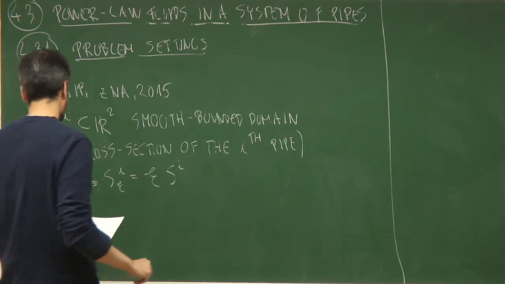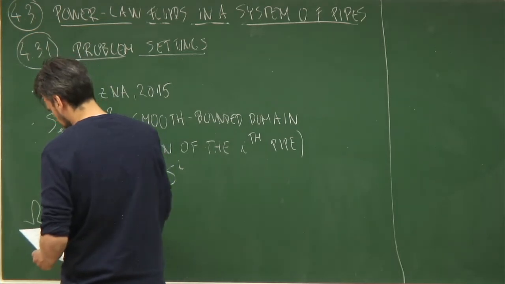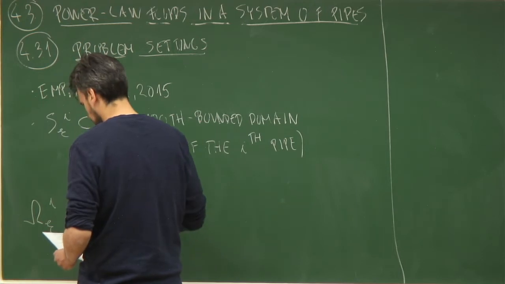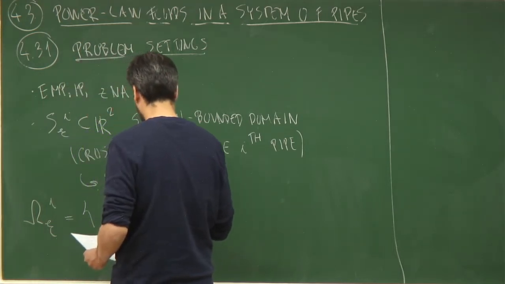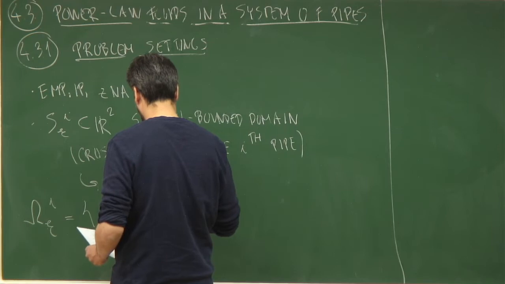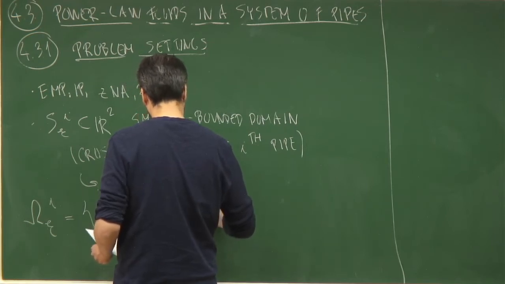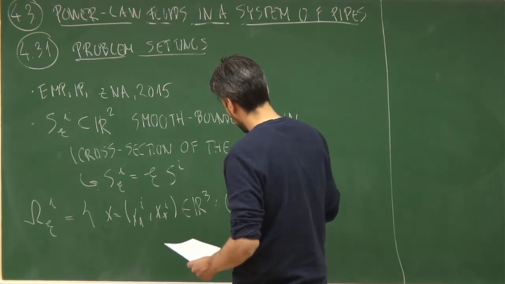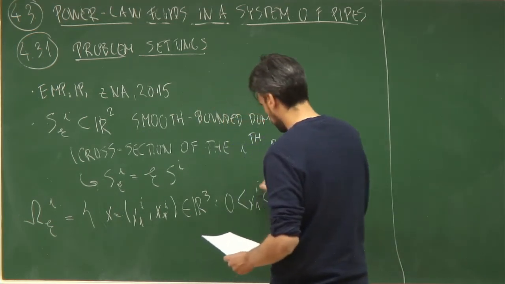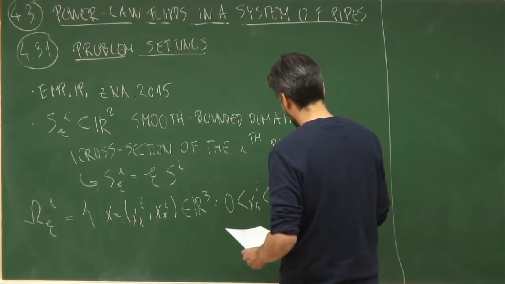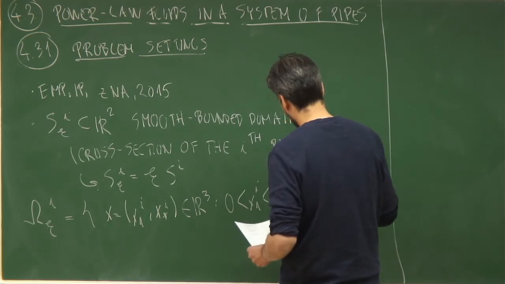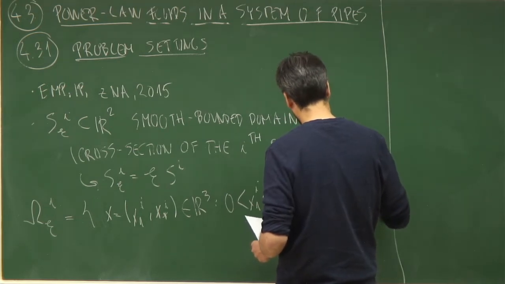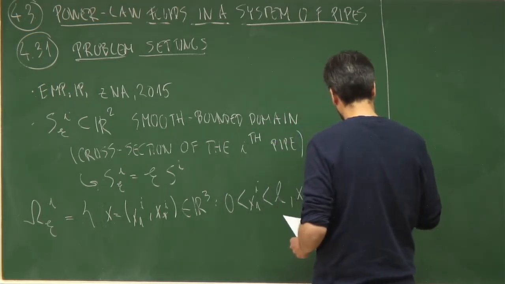So omega epsilon i will be each pipe. So x is (x1i, x star i) from R3. So x1i is from 0 to L. x star i is (x2i, x3i) from S epsilon i.